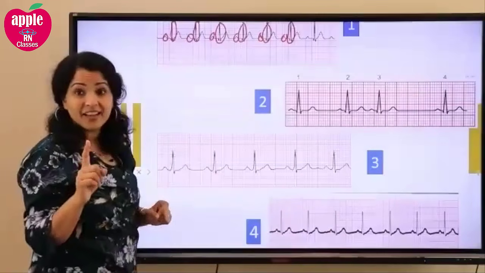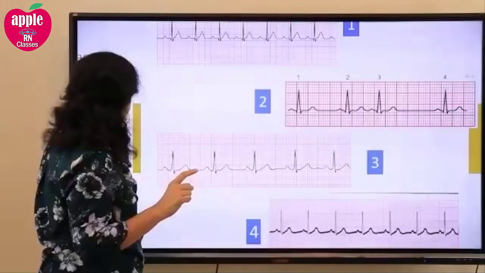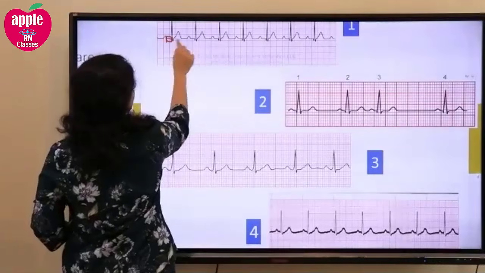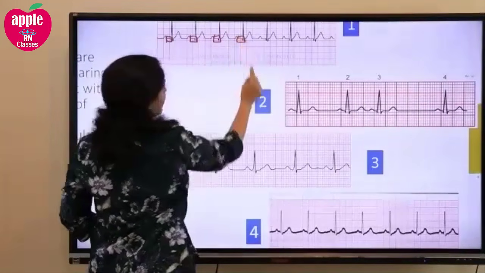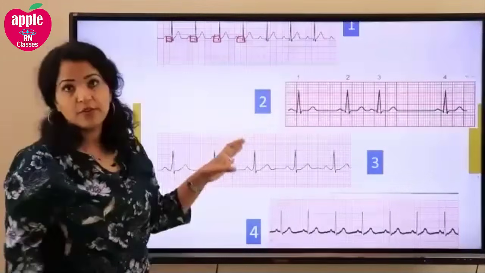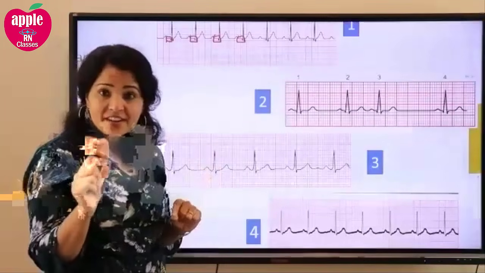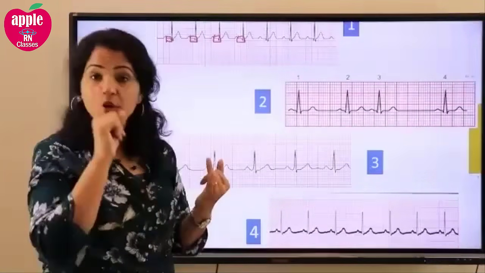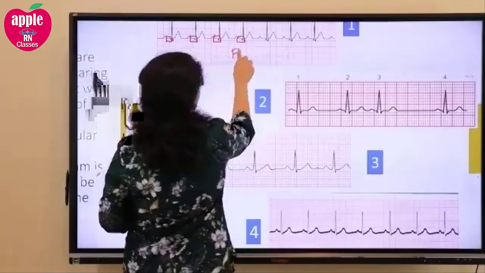So the only problem is this part, the PR interval. And I'm not sure if you can see the small ones in there, but the PR interval is a little longer. So P is there, QRS is there, there is no problem, but the PR interval is longer.